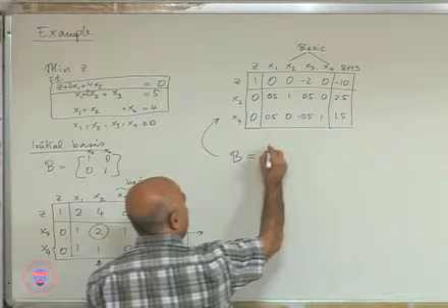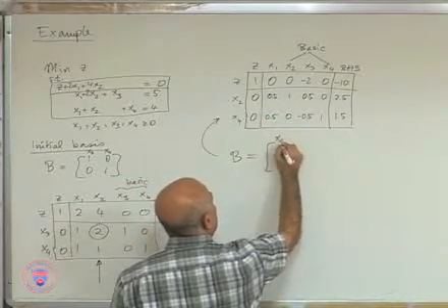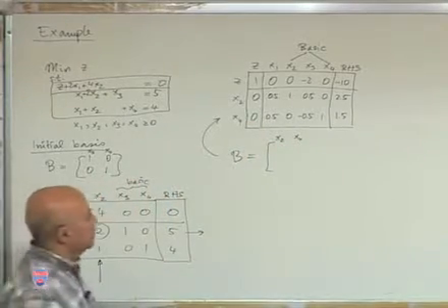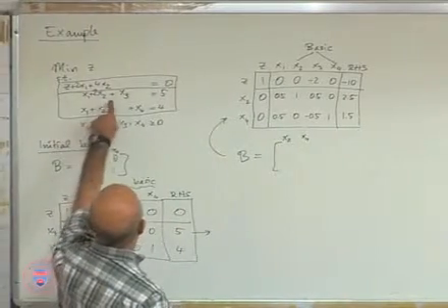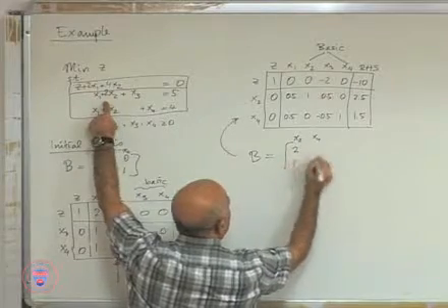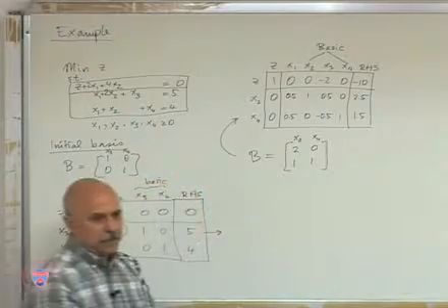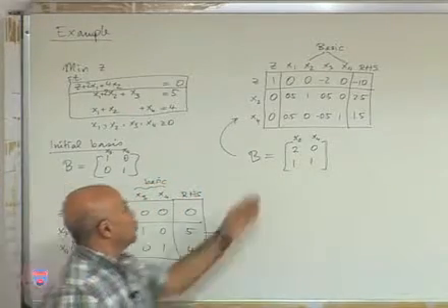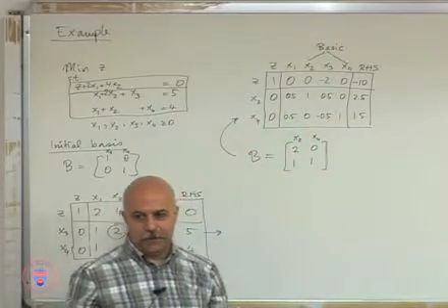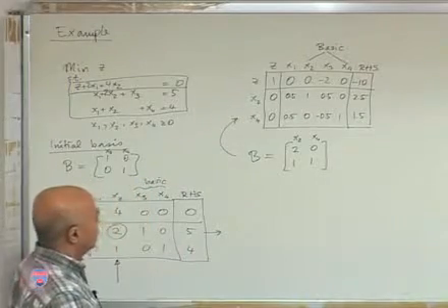It's the columns associated with x2, x4 in the same order as they are listed here. The x2 column from the original is 2, 1. The x4 column is 0, 1. So that's your basis here. Of course, you don't see it here because in this tableau, everything is pre-multiplied by B inverse. It's disguised for that reason.